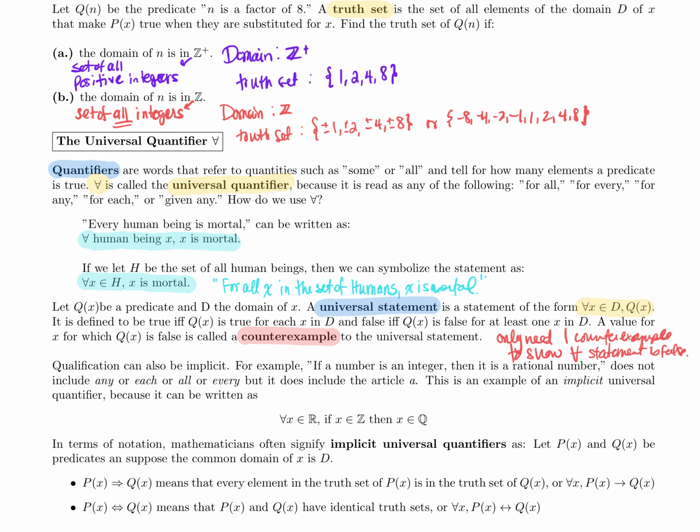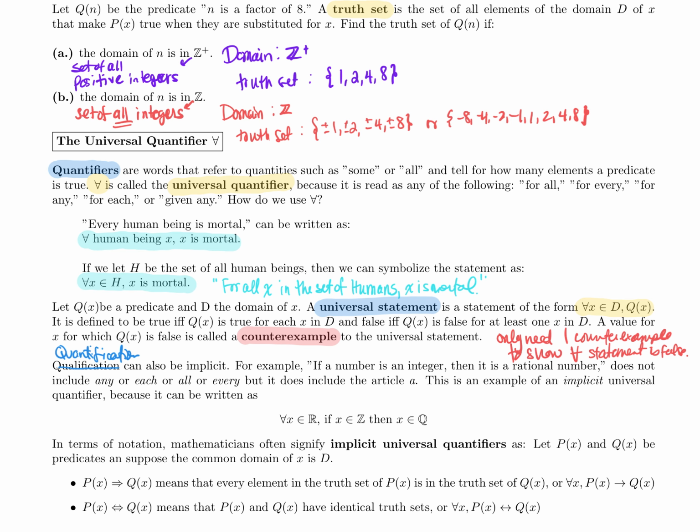Our quantification in this case can also be implicit. It says qualification, I meant to say quantification. Our quantification can also be implicit. And this is something more in the way that we would say it in our everyday language. For example, if a number is an integer, then it is a rational number.